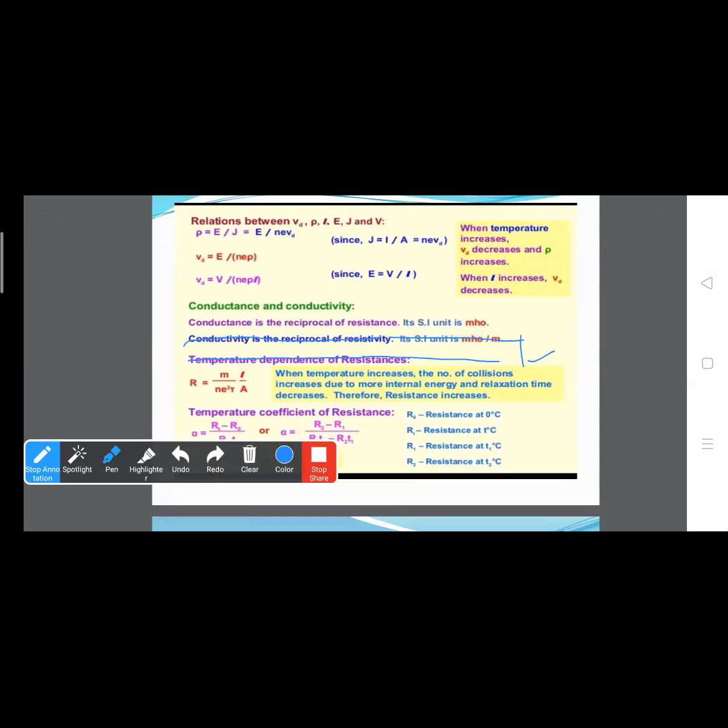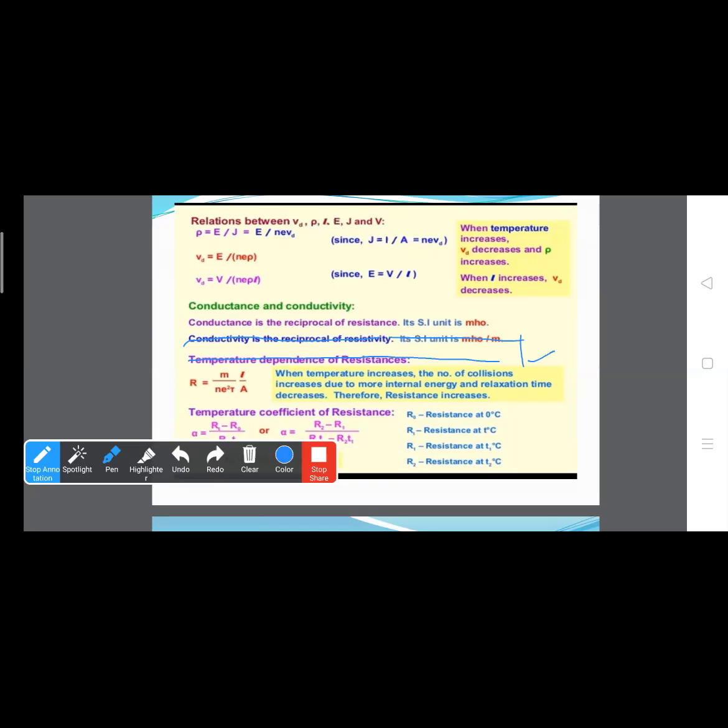Clear? When the number of collisions increases, the relaxation time decreases. What is relaxation time? Relaxation time is the time of the electrons between two collisions. So when temperature increases, the number of collisions increases due to more internal energy, and relaxation time decreases.